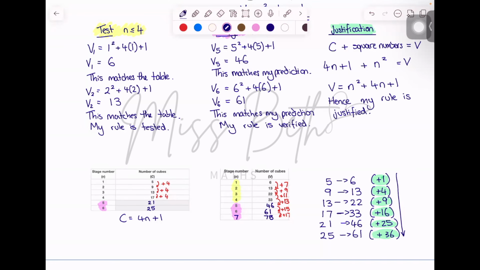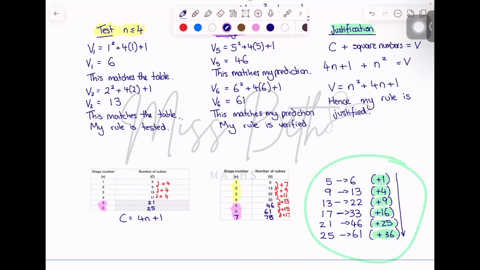But you would definitely want to make sure that you also comment that the difference between them is the increasing square numbers. So they want some sort of reference to this down here in the answer.